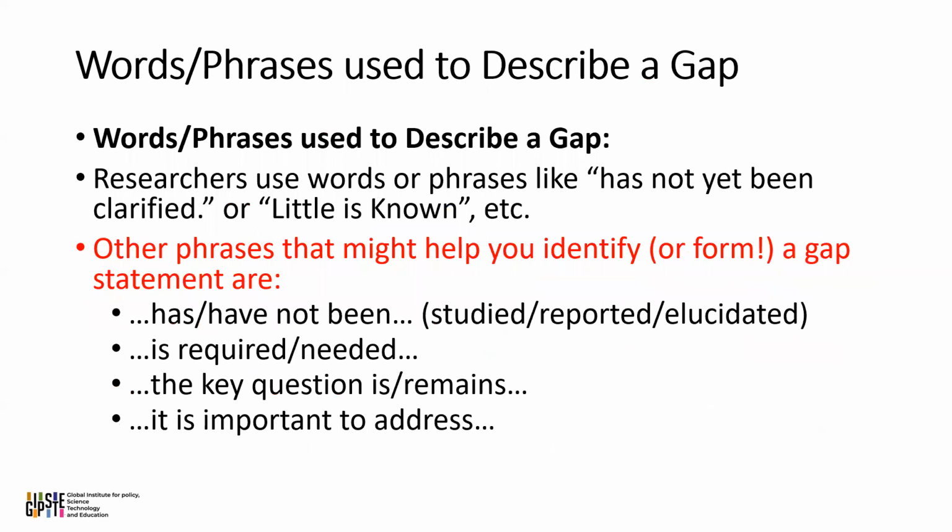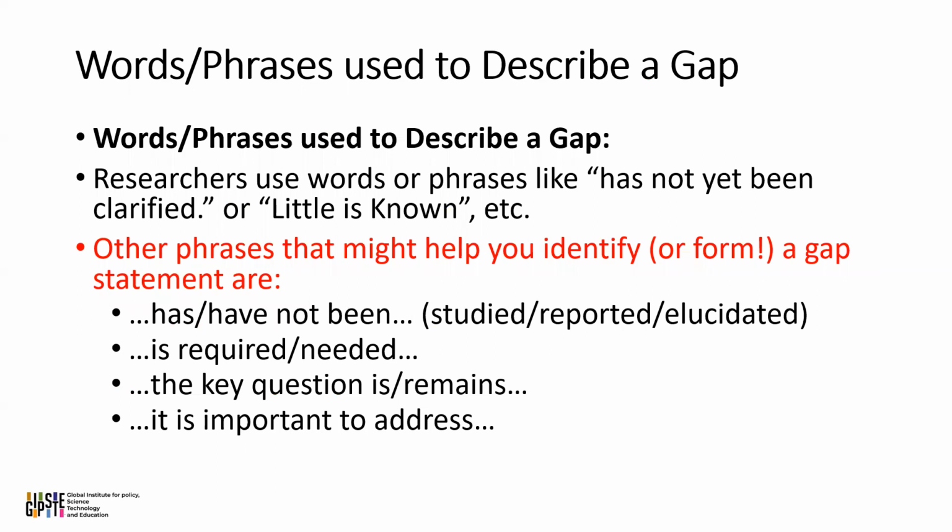All right, let's also look at some of the words or phrases that we use to describe a gap. Researchers use words or phrases like "has not yet been clarified," or sometimes in the text you see that "little is known about this particular concept."